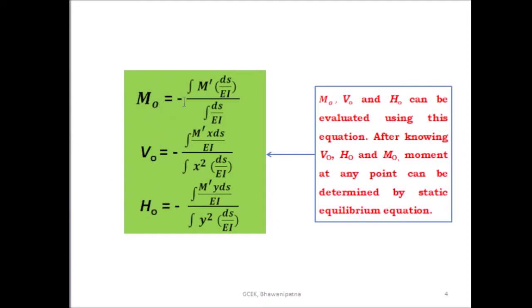MO is equal to minus integration m dash ds by EI divided by integration ds by EI, VO is equal to minus integration m dash x ds by EI divided by integration x square ds by EI, and HO is equal to minus integration m dash y ds by EI divided by integration y square ds by EI. MO, VO and HO can be evaluated using this equation.